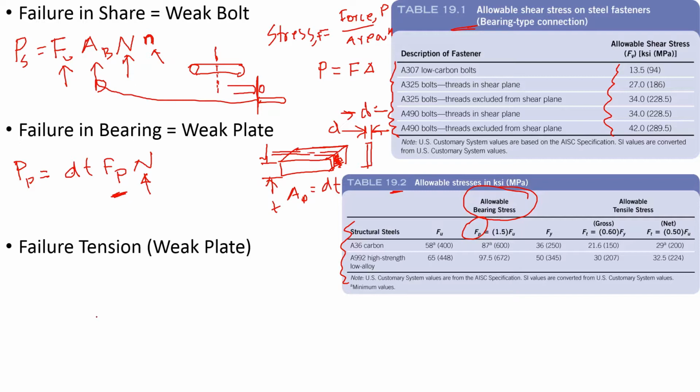Now this may also fail because of tension, meaning that if you have a plate like this and have a hole, it may just cut off from here. So the projected area can be calculated like this. Imagine that this is the plate. So this is the projected area.